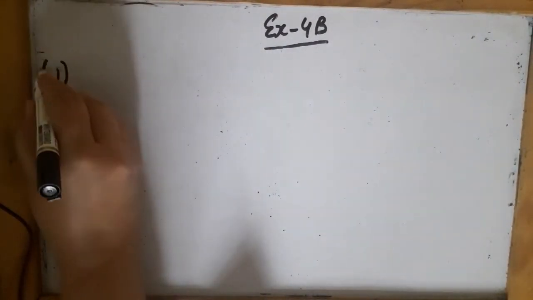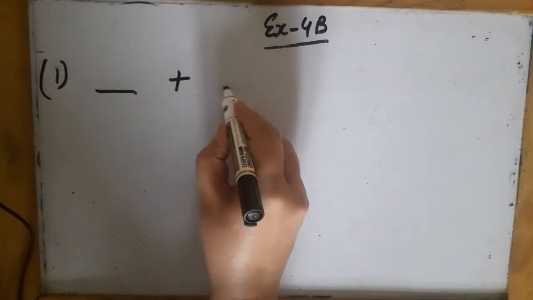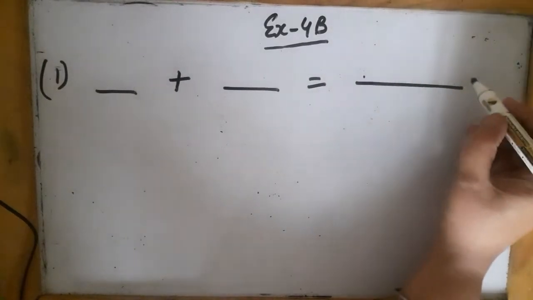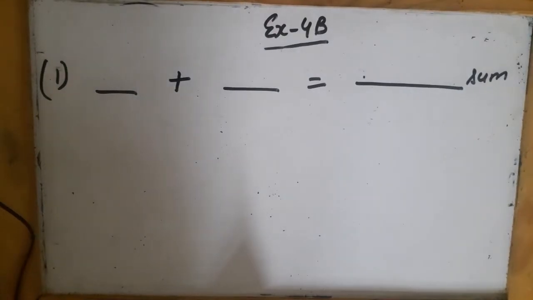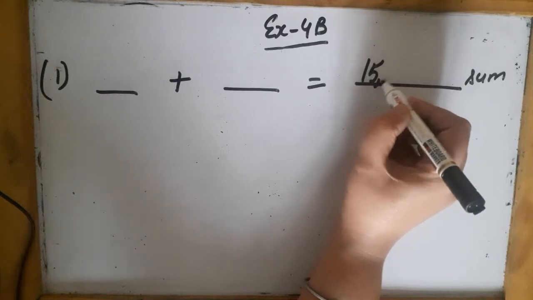Find the number. Now what they mean to say is that the sum means when we add two numbers, the answer that we get, that is called sum.